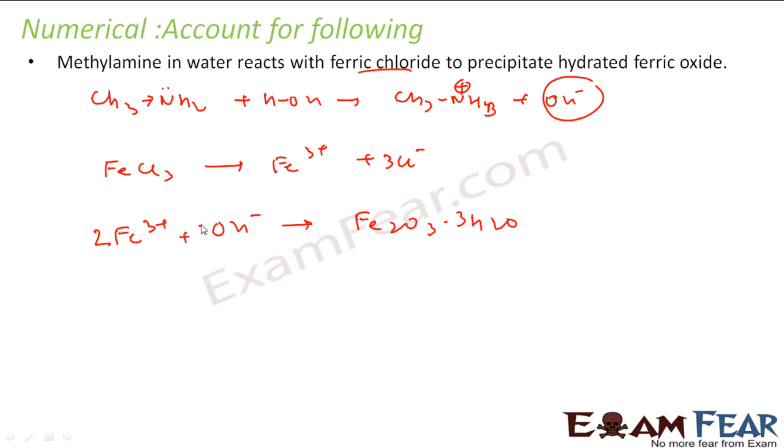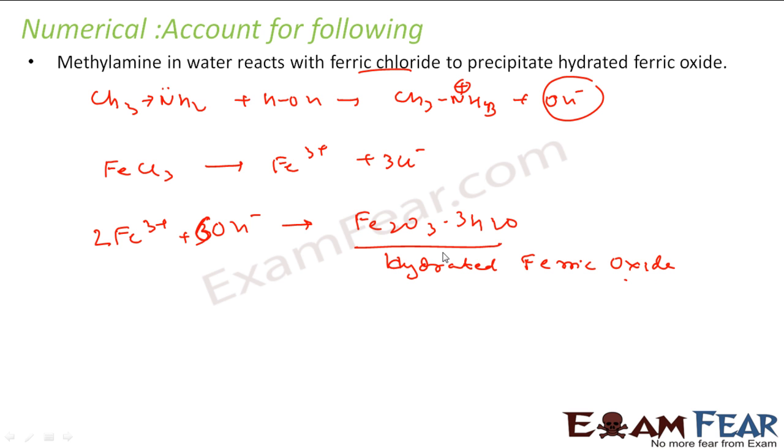Yeah, this is the reaction. Correct? Charge balance: 3 into 2 is plus 6, and this is 6 OH-. Yeah, charge balance. So this is my hydrated ferric oxide.